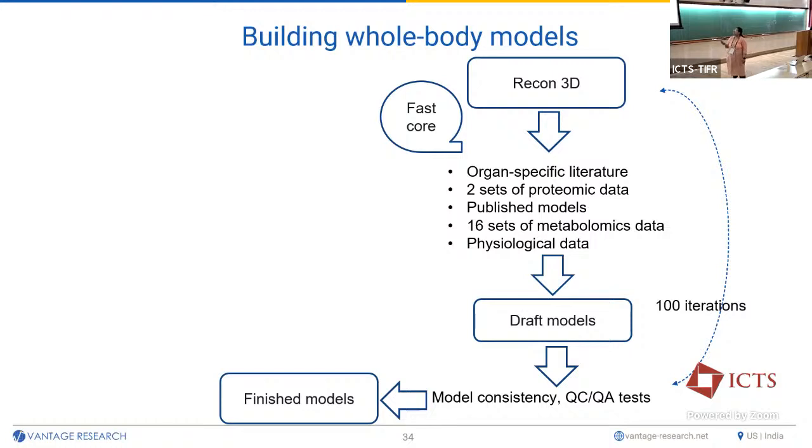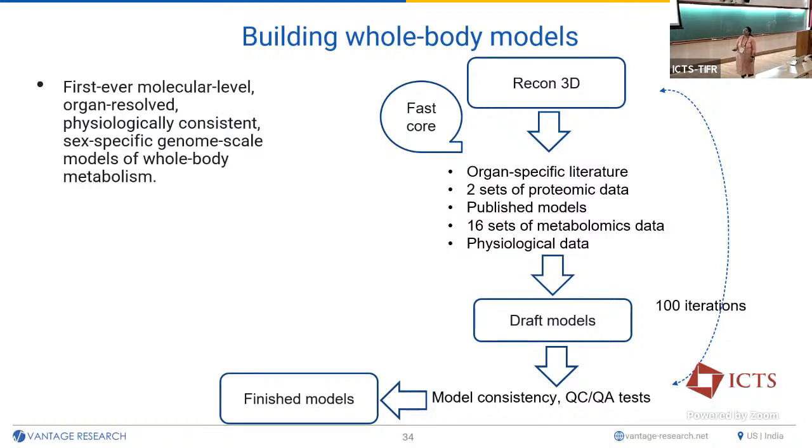And this time we were not building a generic model, we were interested in building organ specific models. Now when I say organs, what we ended up having is the most abundant cell type in that particular organ. Let's say for liver, we took only hepatocytes, and we termed it as the organ model for liver. We ended up having 32 organ models integrated all together using the biofluid information that is out there.